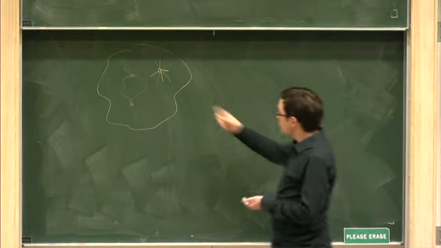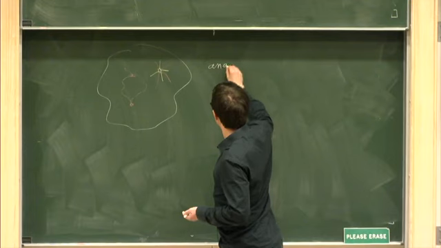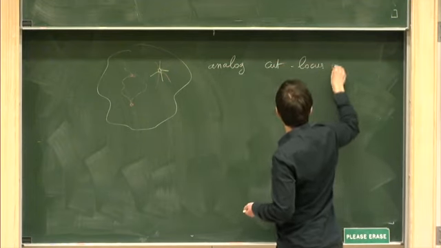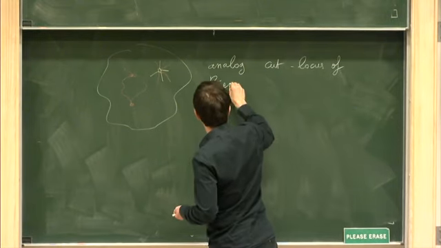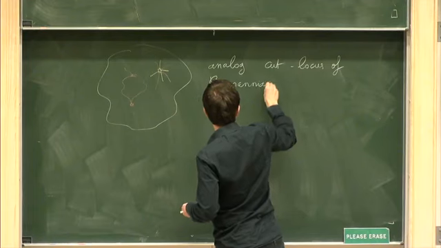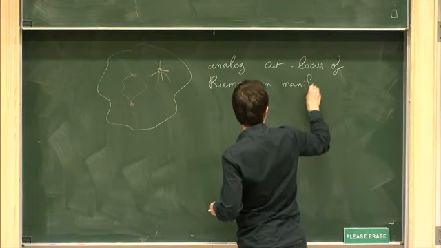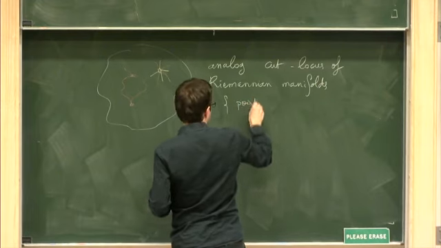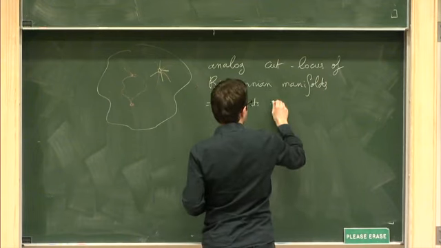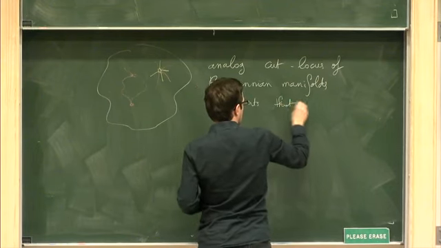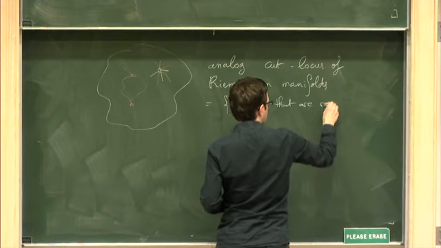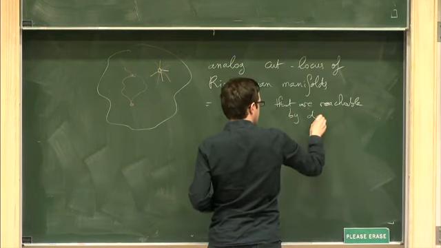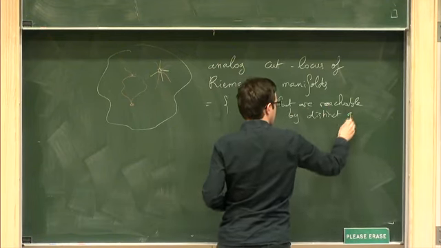So this construction is actually analogous to what is called the cut locus of Riemannian surfaces, well, actually Riemannian manifolds, which are the set of points that are reachable by distinct geodesics.